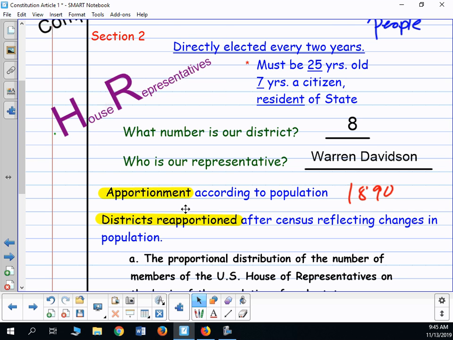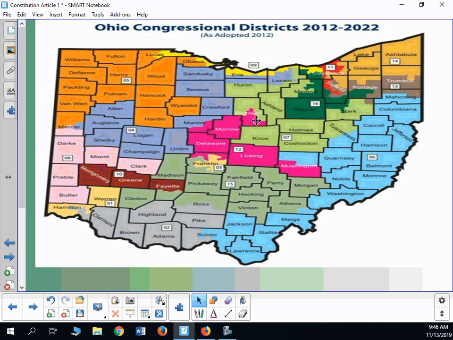Okay, so apportionment is this idea that was created to settle on who's going to represent the people. So I'm going to go back to the map again. All right. So in an effort to make it as fair as possible, the state is divided into, in this case, 16 portions.